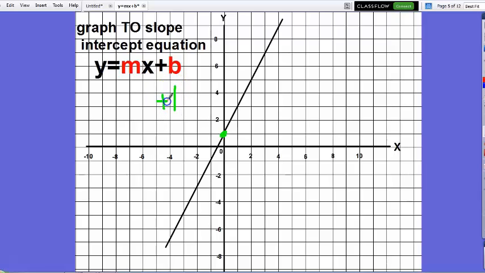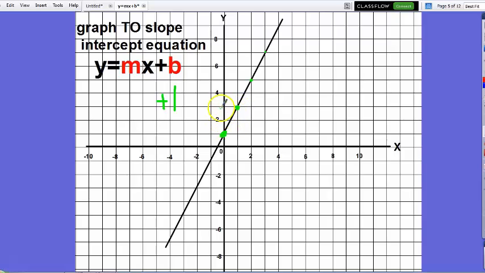And then how do I determine my slope? I can choose any point along this line as a point, and I'm going to try to choose one that is easy to find, like here would be a good spot, or up here. I could use any one of these points and come up with the same answer, and I'll use this first one right here. And all I'm going to do is count my y value change, which is 1, 2, so it's up 2 and over 1.